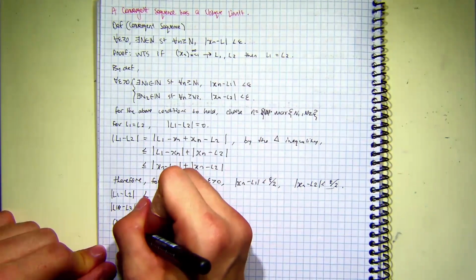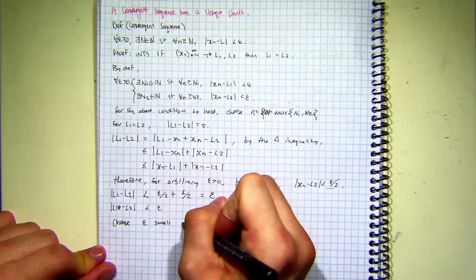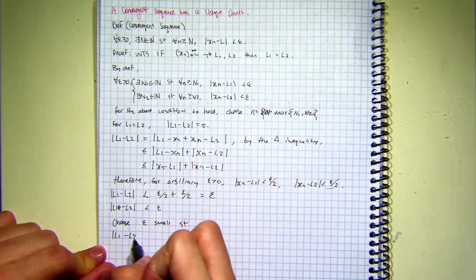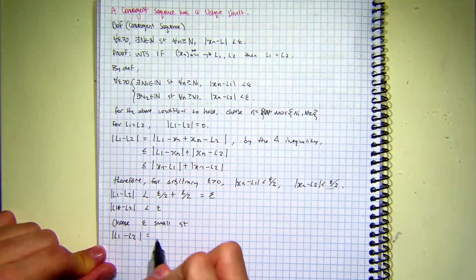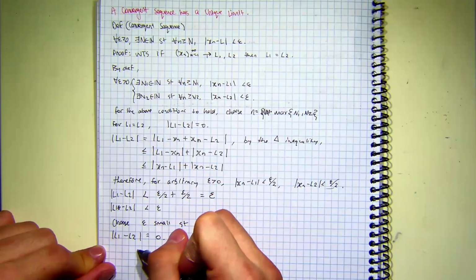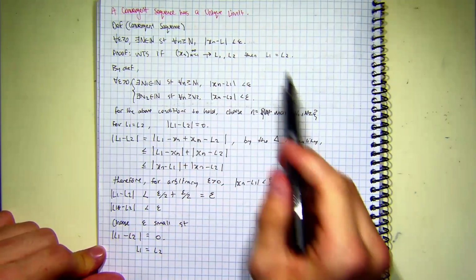So now we can choose epsilon small such that |L1 - L2| essentially gets infinitely small and is equal to 0. Splitting the absolute value, this will become L1 is equal to L2, which is what we wanted.